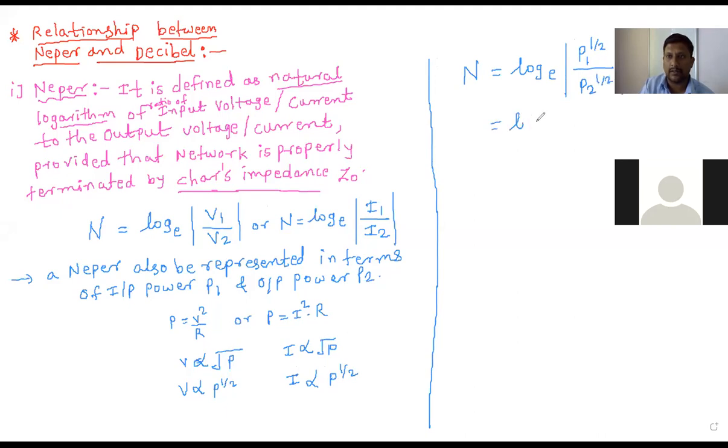Next it becomes log base e of (P1 divided by P2) raised to 1 by 2. This 1 by 2 comes in front, a mathematical concept everyone knows. So N is equal to 1 by 2 logarithm of base e of the ratio P1 divided by P2. This is the expression of Neper in terms of power.